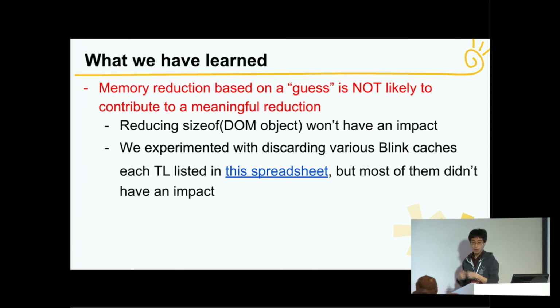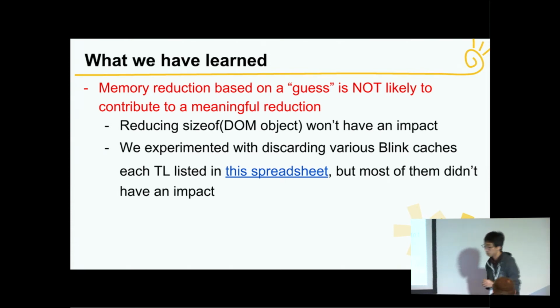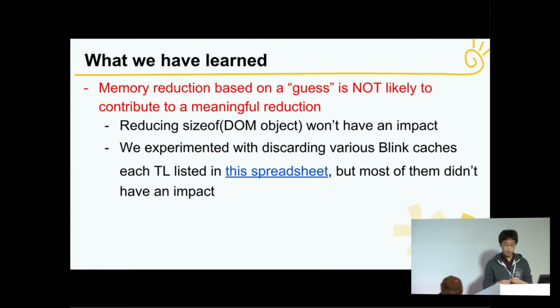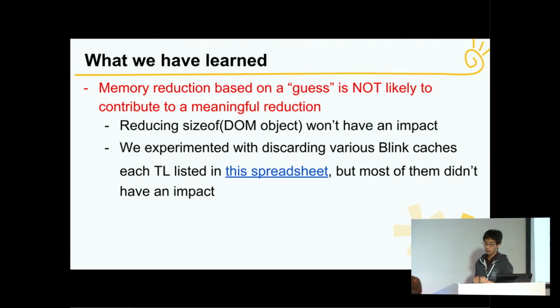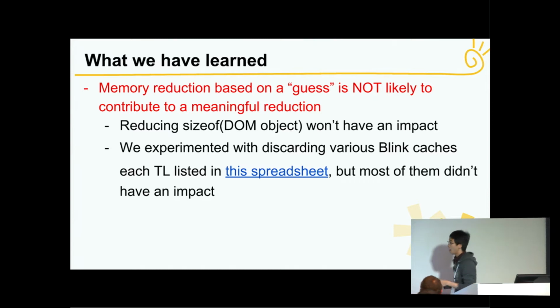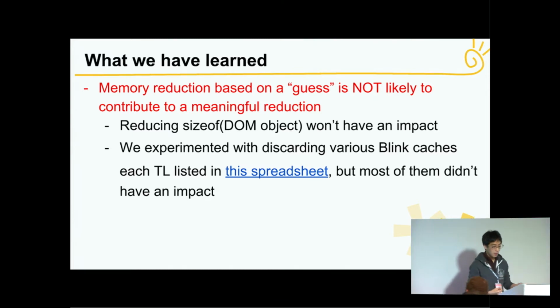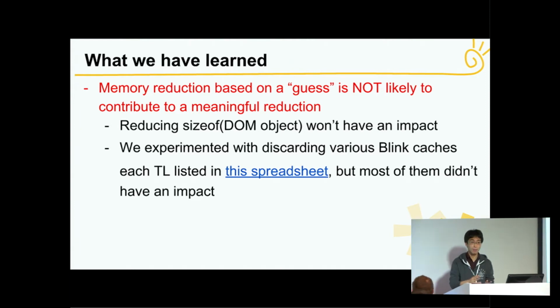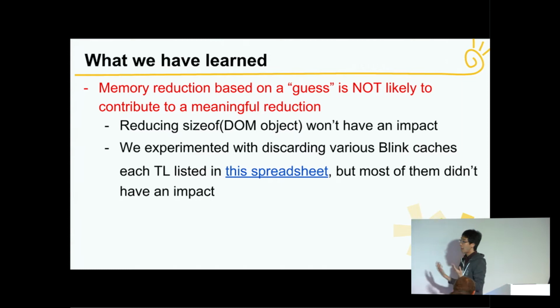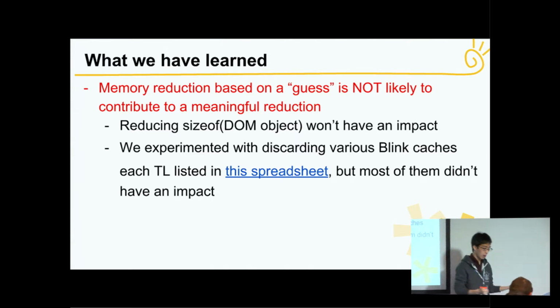However, reducing the size of DOM objects won't have an impact. Also, we experimented with discarding various Blink caches, each listed in this spreadsheet. Bashi experimented with discarding these items one by one, but most of them didn't have an impact. So reduction based on a guess won't work.